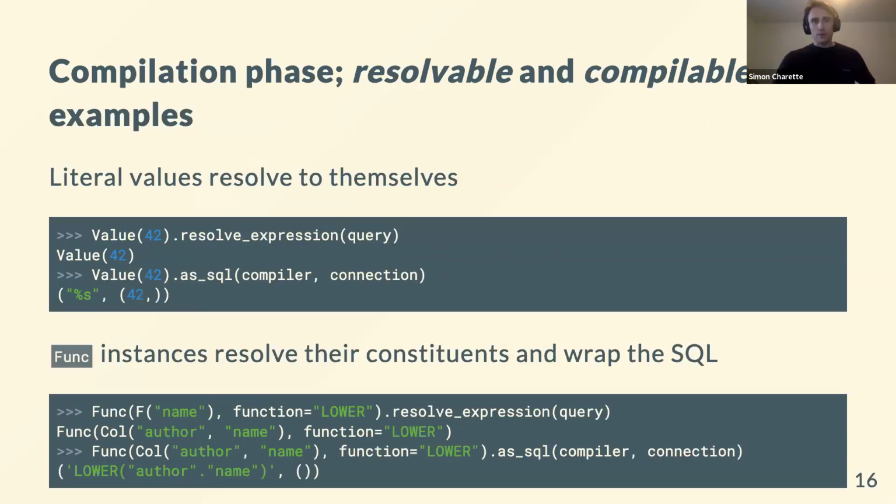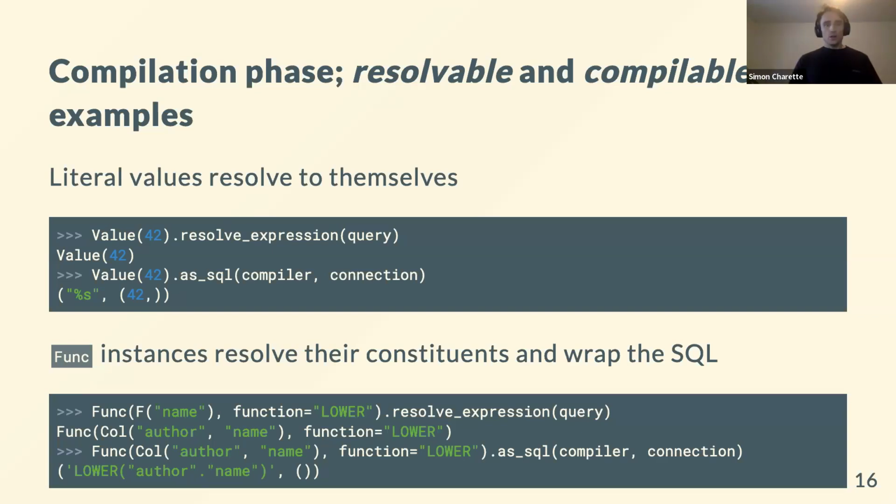We talked a bit about resolvables that resolve to themselves. Well, literal values are a good example of that. If you pass an integer or a string or a datetime, or anything that is not tied to a field reference, in the case of the Value class, which is a subclass of expression, it's both resolvable and compilable.